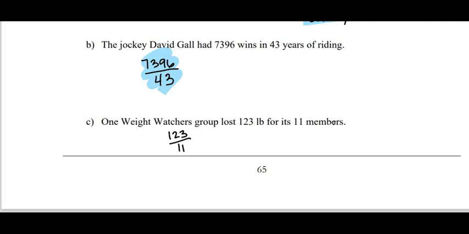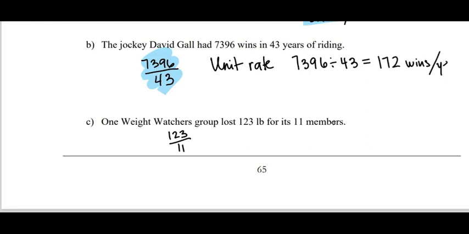So the unit rate, 73.96 divided by 43 gives you 172 wins per year, because when we set it up, he had 7396 wins in 43 years. So that is going to be your unit rate: 172 wins per year.